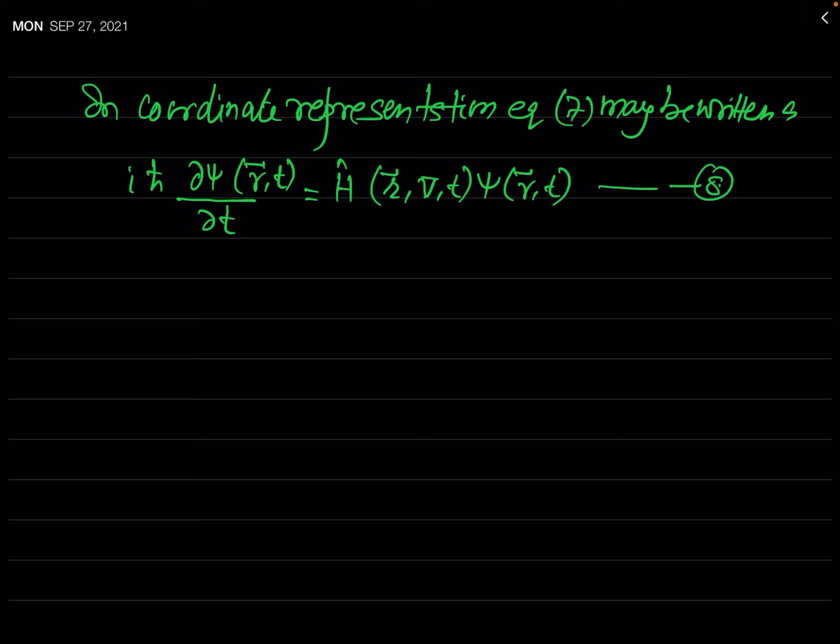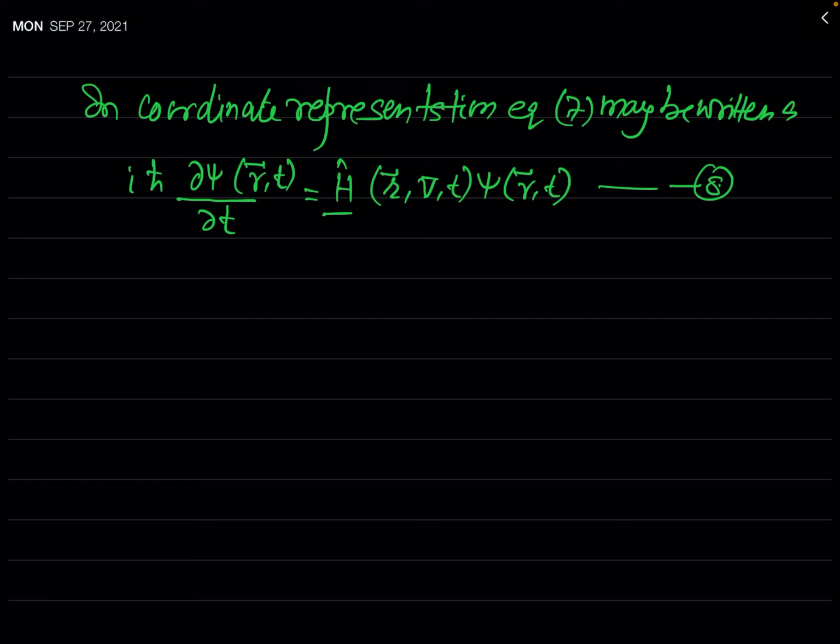But there are several situations when this operator h hat, which is a Hermitian operator and which you now call the Hamiltonian of the system, is not time dependent but independent of time.